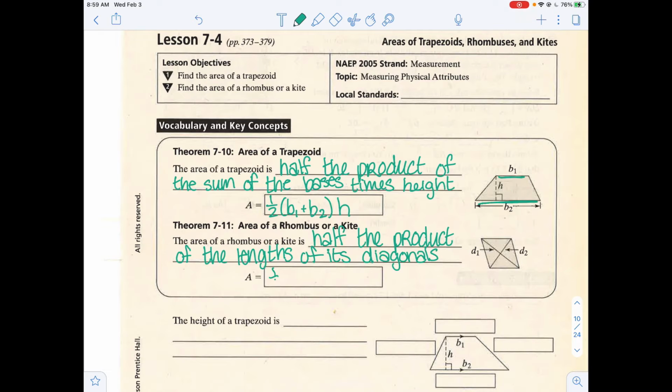So half times diagonal 1 times diagonal 2.